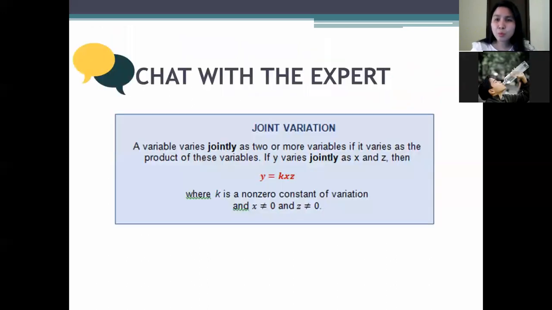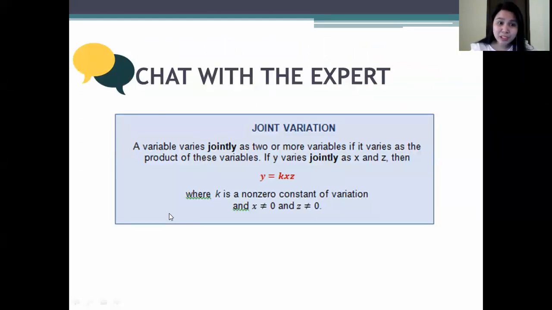Now, what is a joint variation? A variable varies jointly as two or more variables if it varies as a product of these variables. I told you a while ago that joint variation is a combination of two or more direct variations.